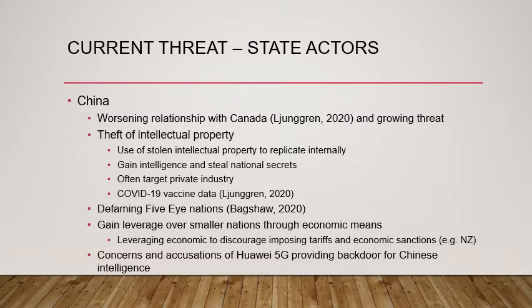In recent history, they have focused mostly on the theft of intellectual property, and their intent varies, simply to replicate their own products in order to generate revenue, as well as self-sustainment, and direct sale of stolen entertainment. Some examples of other theft would be the COVID-19 vaccine data that was stolen, as well as theft in any way to defame or damage the reputation of any of the Five Eyes nations.